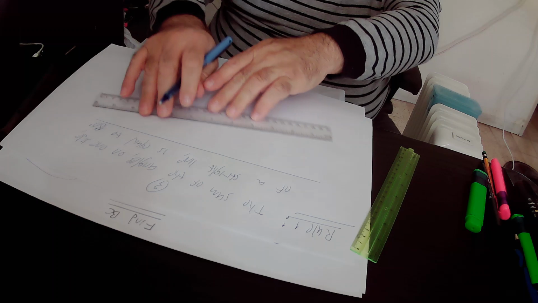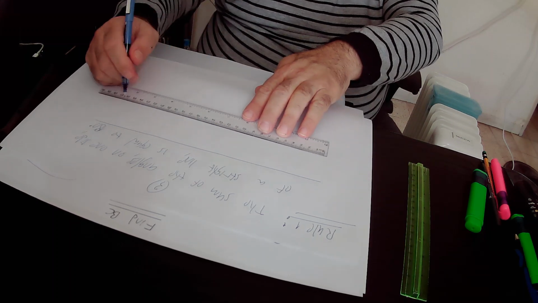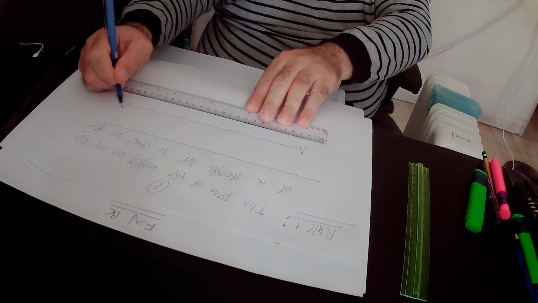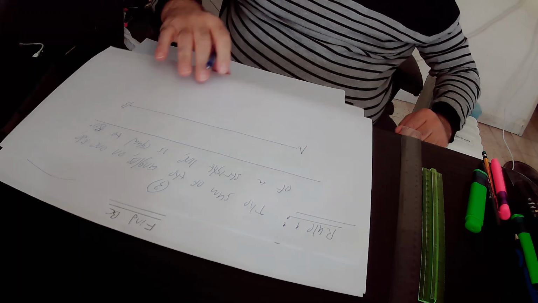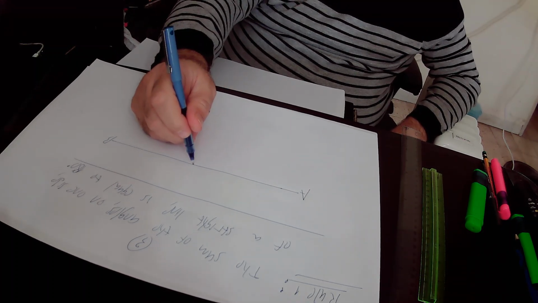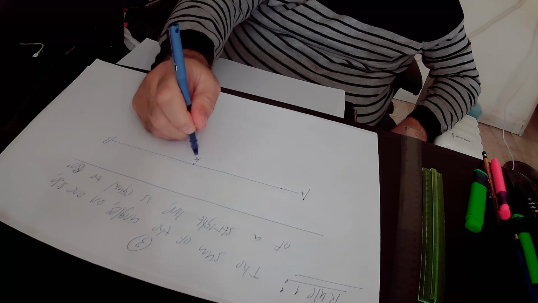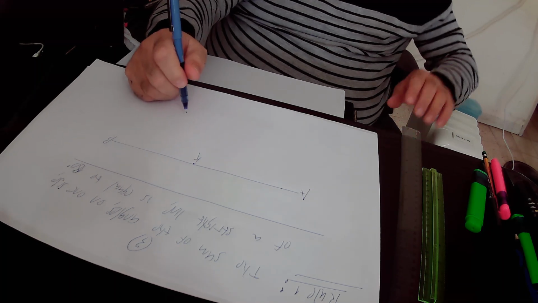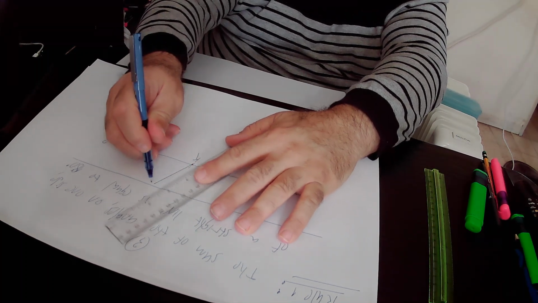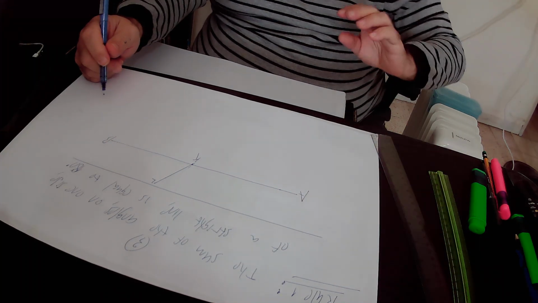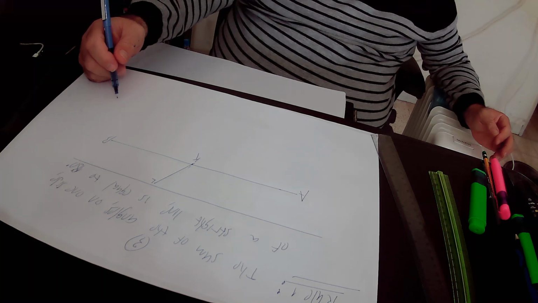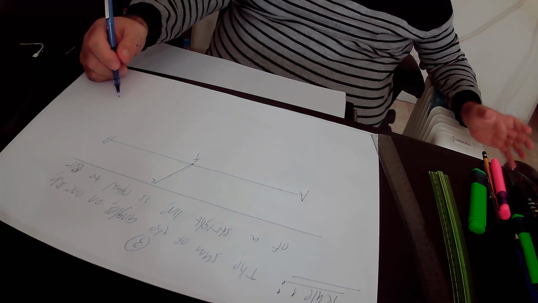So actually, if we have a straight line AB, you can choose any point on this straight line AB. For example, we define this point as point K, and here it will be side KL. According to rule number 1, the sum of the angles on one side of the straight line is equal to 180 degrees.